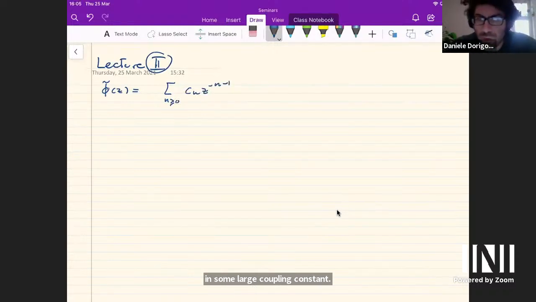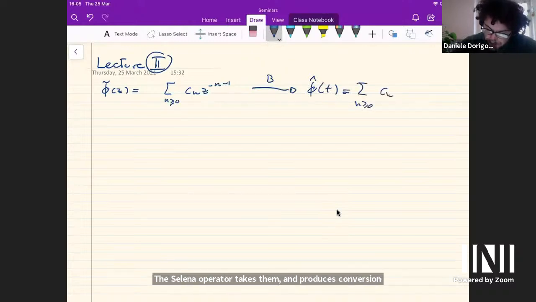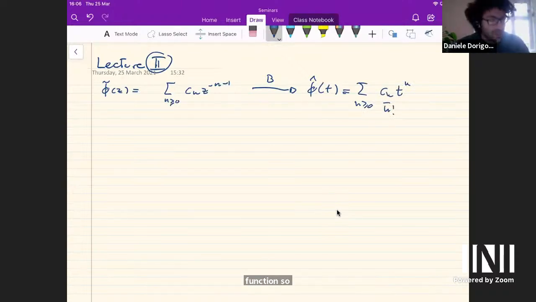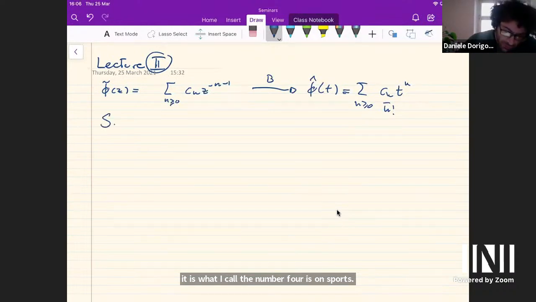And these were the objects we were calling tilde. And then we constructed this linear operator that takes them and produces convergent functions around the origin. And these were called the Borel transforms. And then we wanted to understand a little better the procedure of this resummation.